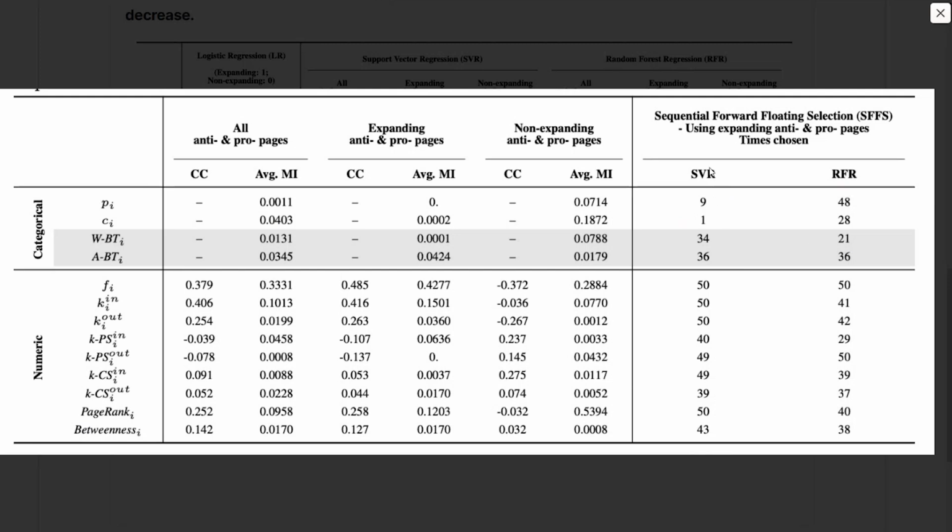For example, for the support vector regression, out of 50 rounds of feature selection, 34 times the within group bow tie structure was selected, and 36 for the case of the across group bow tie structure.